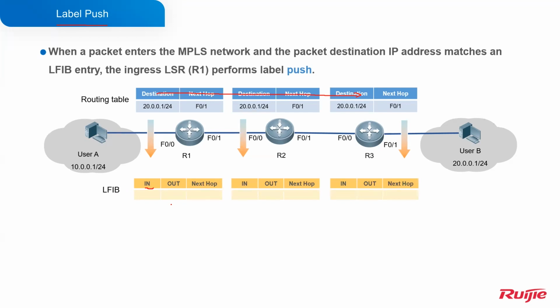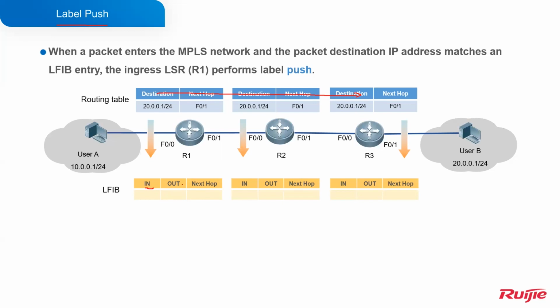And who will distribute the label for the local router? That means every router will take the FEC, like 20.0.0.1, and distribute a label for this FEC. And this label will be added into the in label list. So this is the function of the in label and who will distribute it.